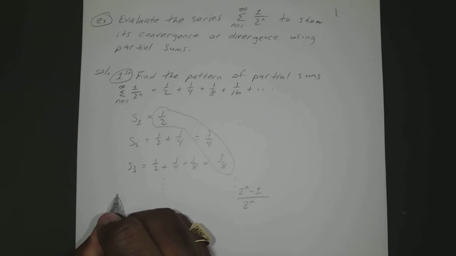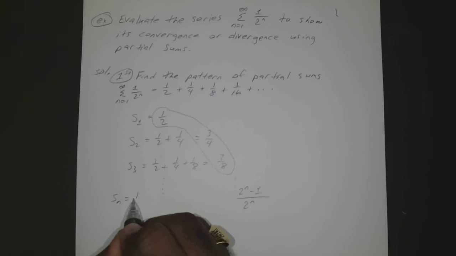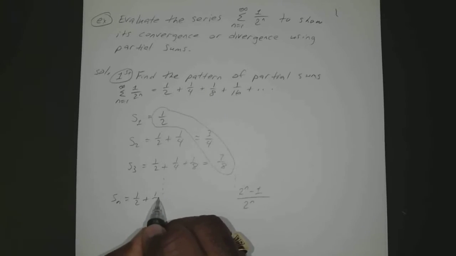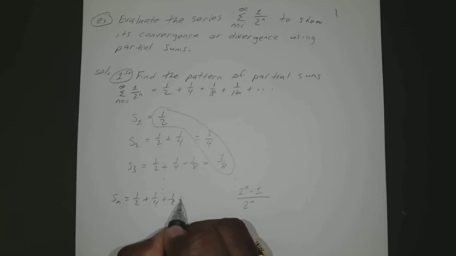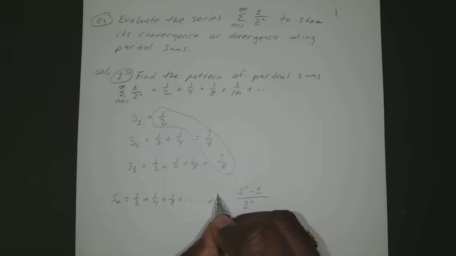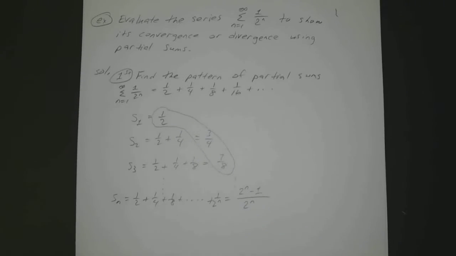Okay, so that means our S of n is going to equal 1/2 plus 1/4 plus 1/8 plus, up to 1 over 2 to the n, which eventually would give us that formula.